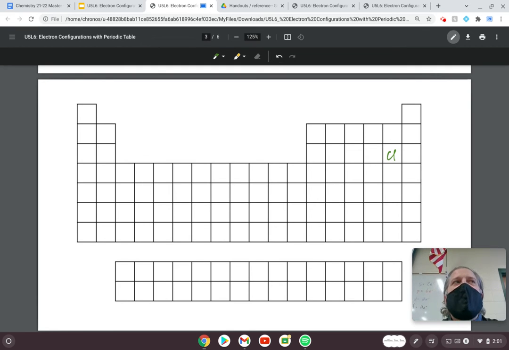By simply looking at its location on the periodic table, I know it's going to end its electron configuration with 3p5. It has nothing to do with things I've memorized, and more to do with knowing how the periodic table is set up. So if I grab an element like zinc, I know that it's going to end its electron configuration with something like 3d10.